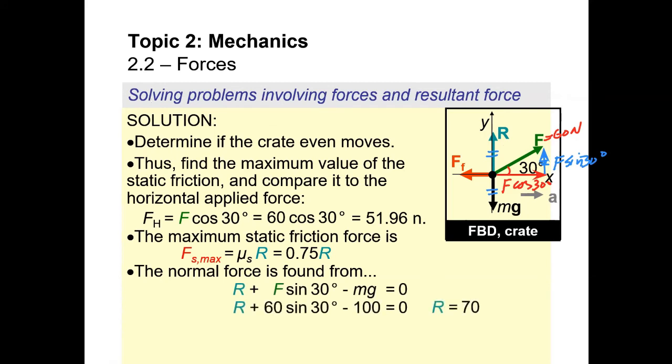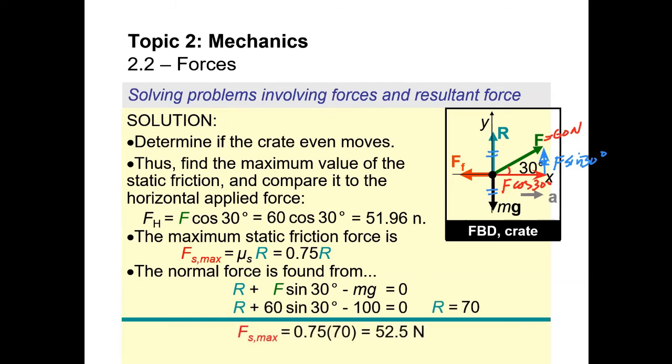From here we can find R equals 70, and then we plug into our static friction formula. The coefficient of static friction is 0.75 and the normal force is 70, and we get 52.5.